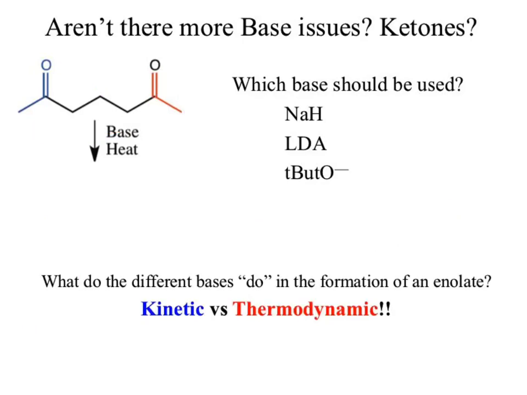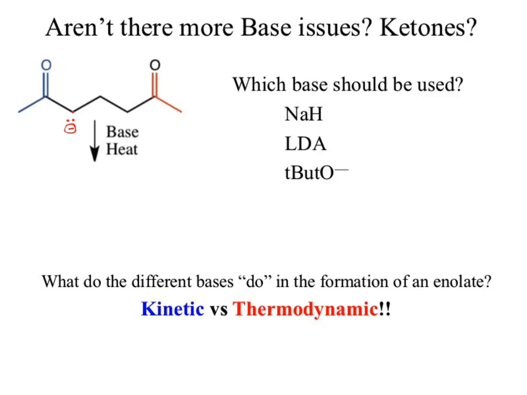We do have this issue of kinetic versus thermodynamic. It's kind of a minor point here. Why would it be a minor point? Only one of those enolates actually does anything. If we formed the internal enolate, what happens? The internal enolate put the nucleophile where? What was the issue with that one? 4-membered ring. I wouldn't be able to make a product.